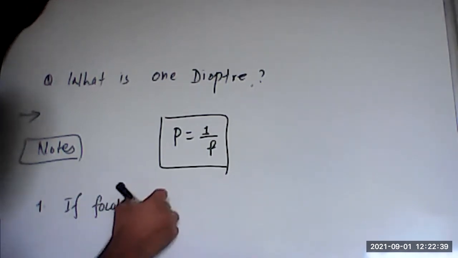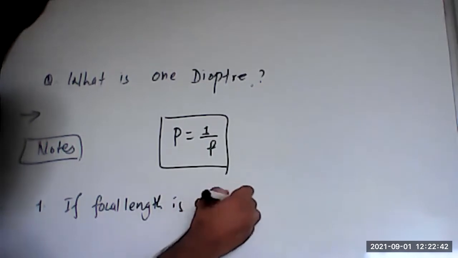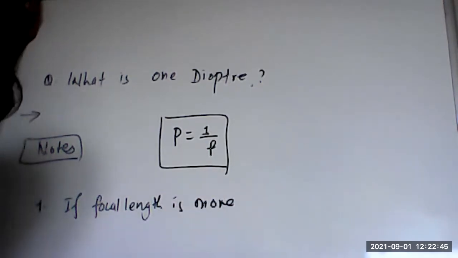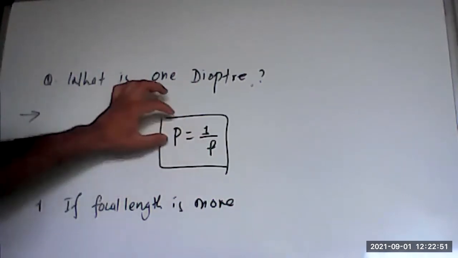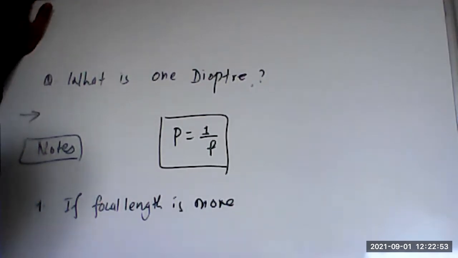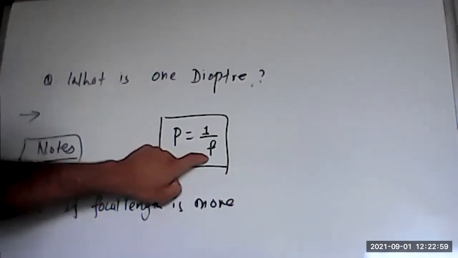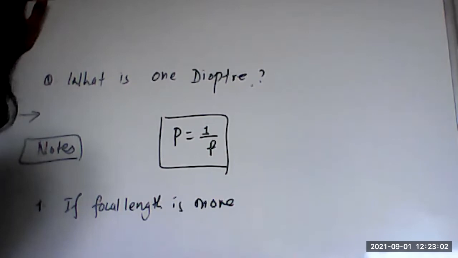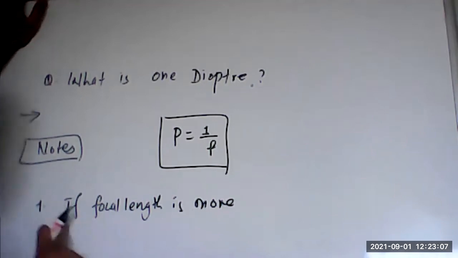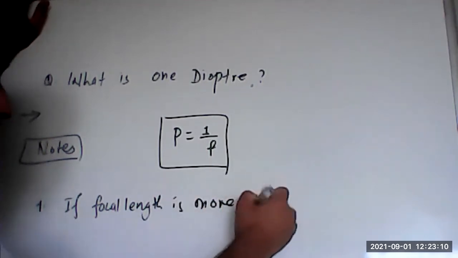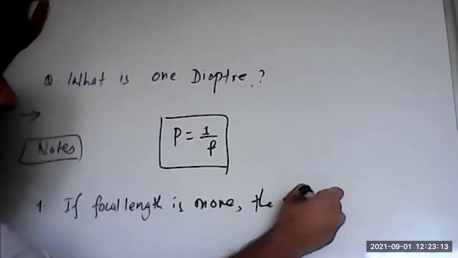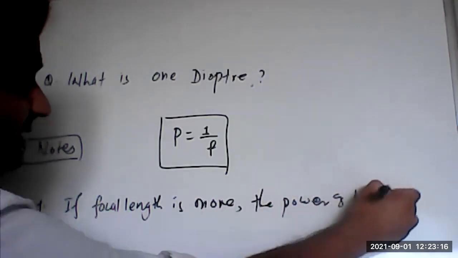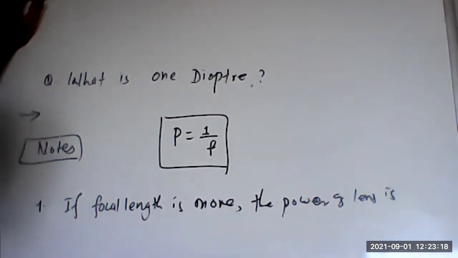If a lens has more focal length, its power is more or less? When the focal length is more, the power of the lens is... If the focal length of the lens is more, the power of the lens is, tell anyone of you?